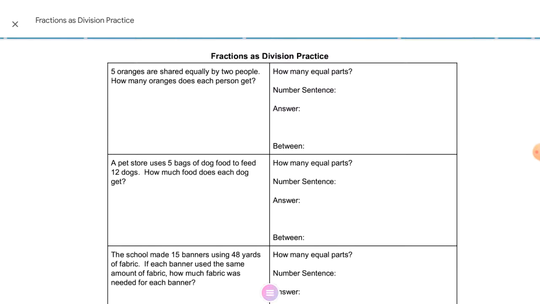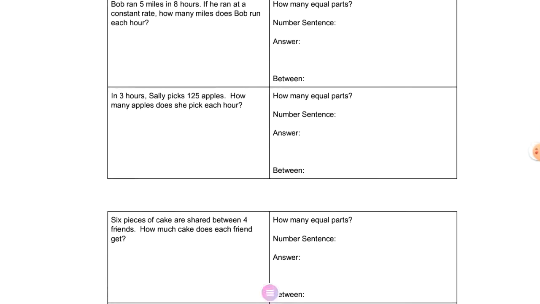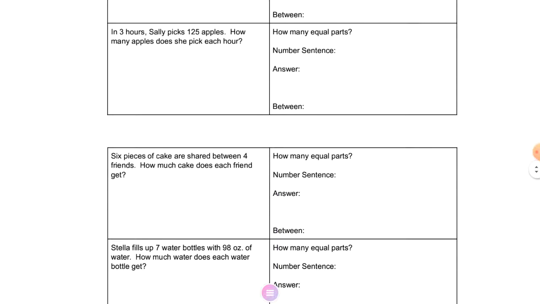Okay, at the bottom margin of your worksheet, we're going to take just a little bit of notes. It can fit in the margin at the bottom of your worksheet, so it's not a lot. And it's going to help us with this new strategy. So here's my margin. It's under the problem in 3 hours, talking about Sally.